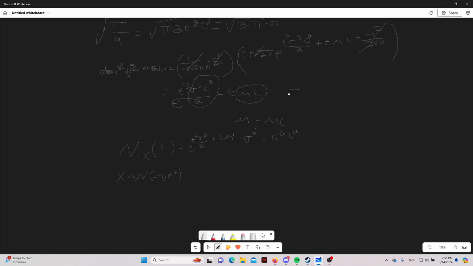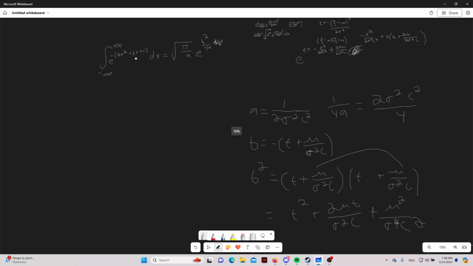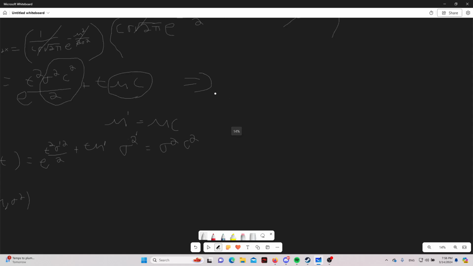And so this implies that the distribution of this transformation is a normal distribution with mean mu c and variance c squared sigma squared if x is distributed according to mu and sigma squared. And so that concludes our proof.